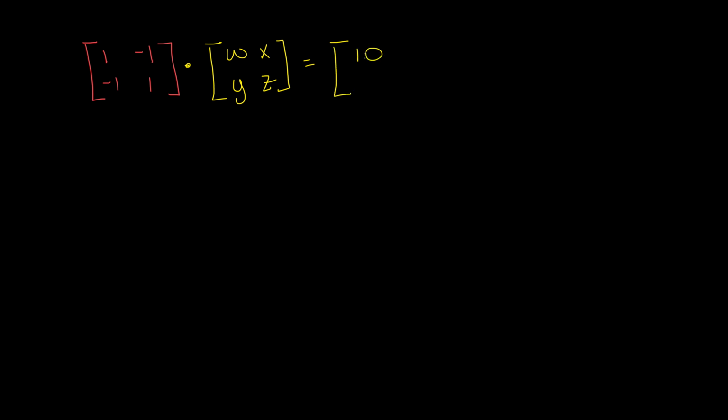Let's look at the matrix 1, -1, -1, 1. So what is the inverse matrix of this one? Well, again, let's start by multiplying this by W, X, Y, and Z, and I know that this is going to equal 1, 0, 0, 1.